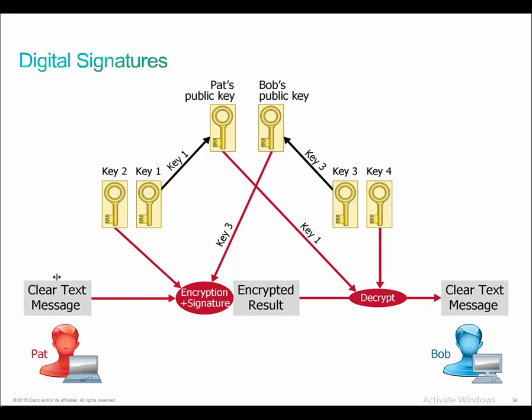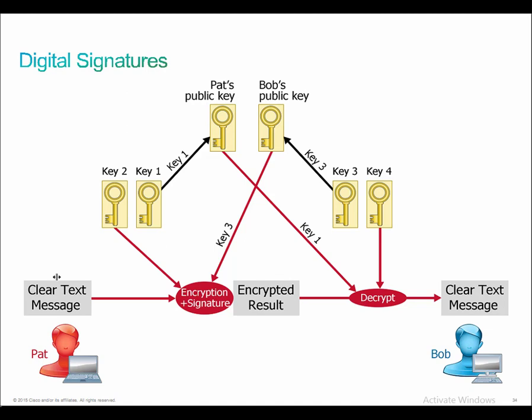So another concept is to utilize the keys in a different way. Let's say, for example, that Bob wants to make sure that the information is coming from Pat, right? So what if Pat added a secondary process to this communication?